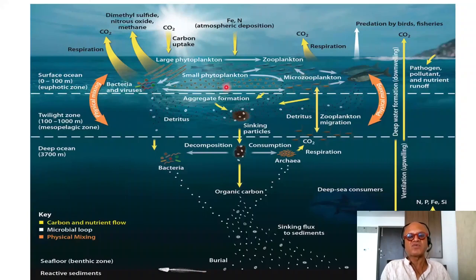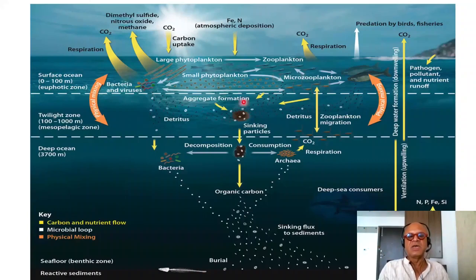Waters are moved around on weekly, monthly, yearly, decadal time scales, depending on whether you are just going across the equator, or from the equator to the subtropics, or subtropics to the high latitudes, and so on. So you get a sense that carbon has many forms, organic and inorganic, and they are moved by the biology, which is the biological pump.